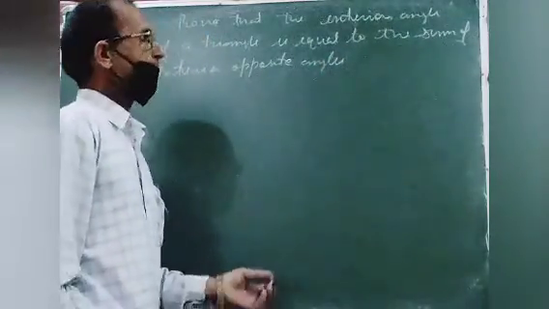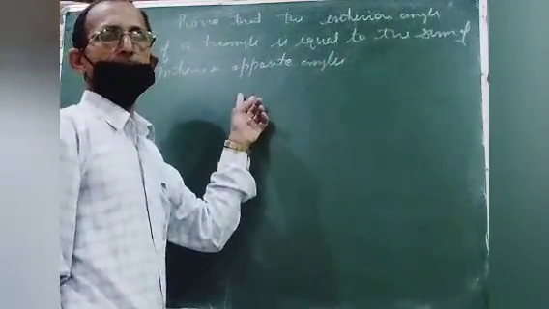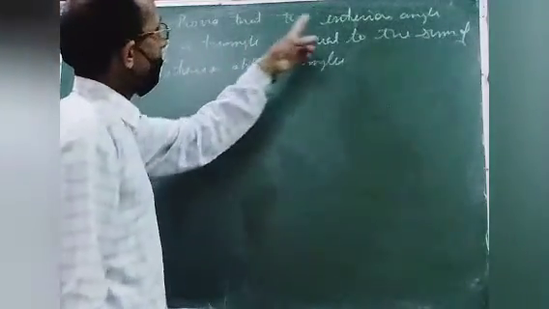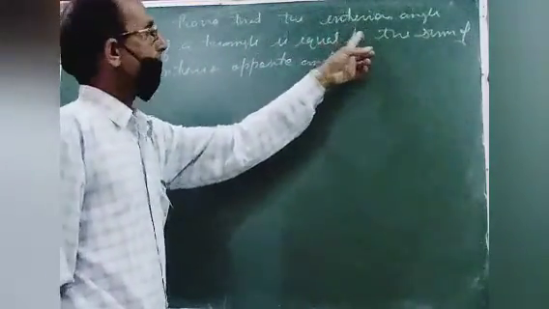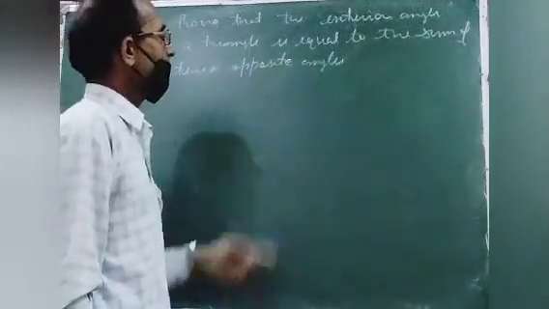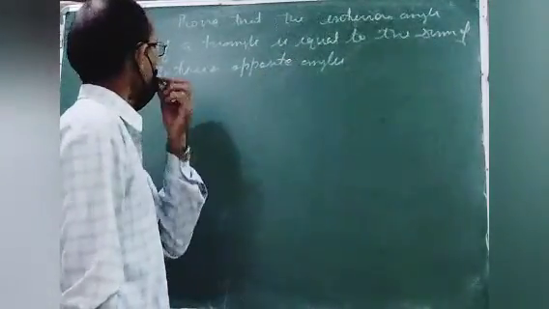Students, try to understand. Once again, I am repeating the statement. Prove that the exterior angle of a triangle is equal to the sum of interior opposite angles.